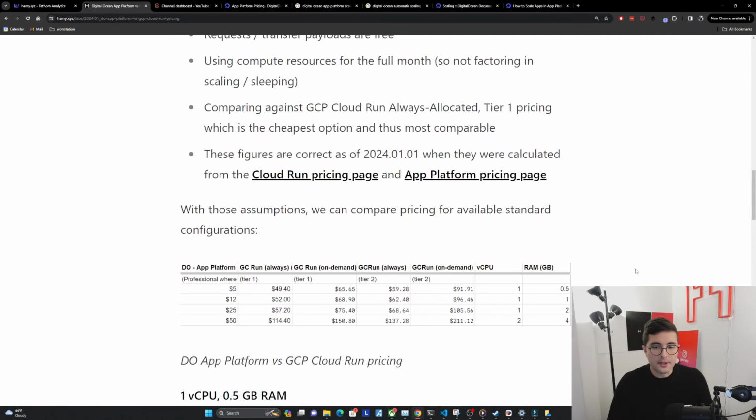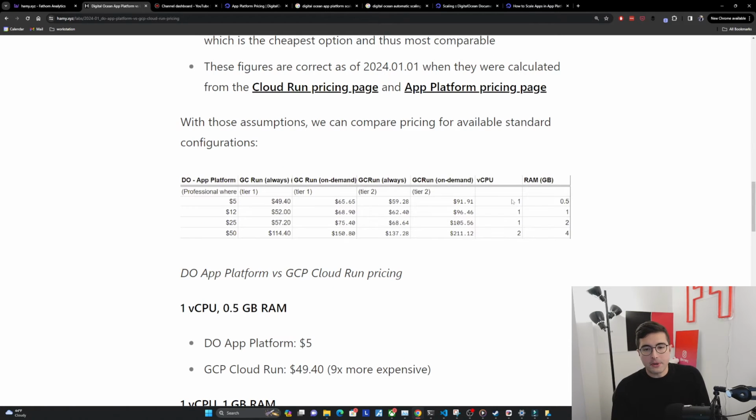All right, with those assumptions, we can compare pricing for available standard configurations. Here I've got a little spreadsheet, and I calculated it for Google Cloud Run always on and on demand. On demand is always more expensive than always on. And for tier 1 and tier 2, tier 1 is always cheaper than tier 2.